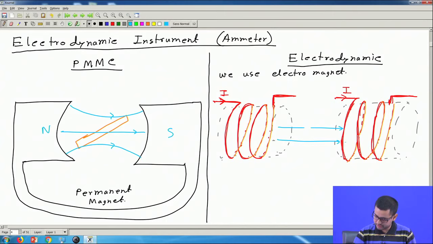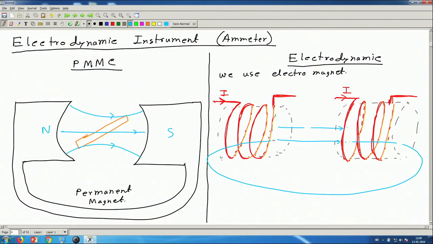This can actually be continuous. Okay. So, you will have many lines of force, and then we of course have this other coil, which is this one here. This is the coil that moves, that turns. Okay, this is the same coil as this. The only difference is that here we have an electromagnet instead of a permanent magnet. Okay. So, this is the only difference.